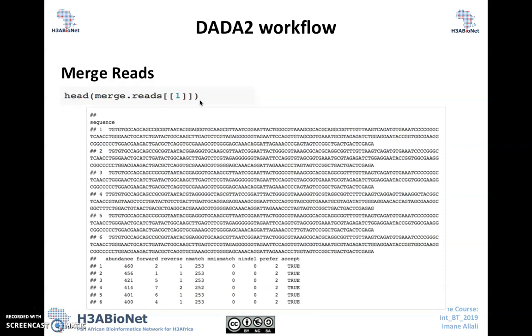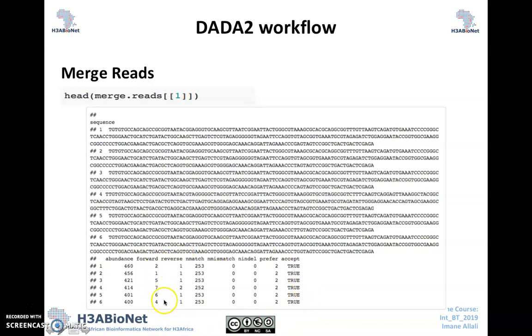So in this slide, I'm showing the results of mergePairs for one sample. The mergers object is a list of data frames, one from each sample. So here below we have a table for one sample.